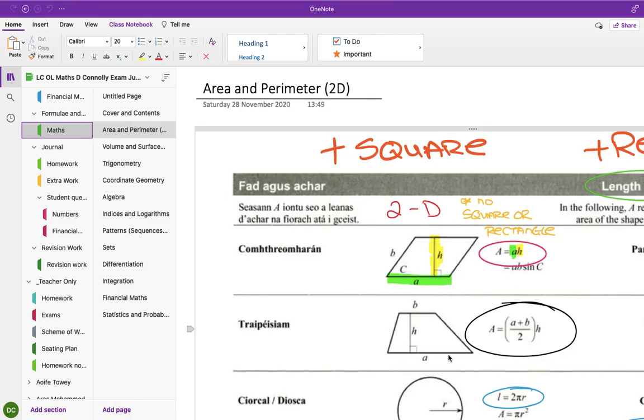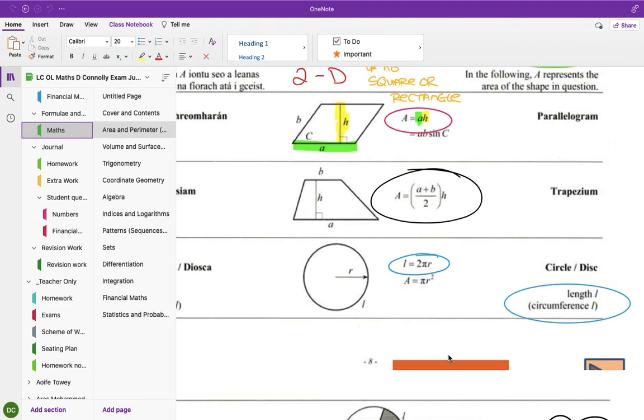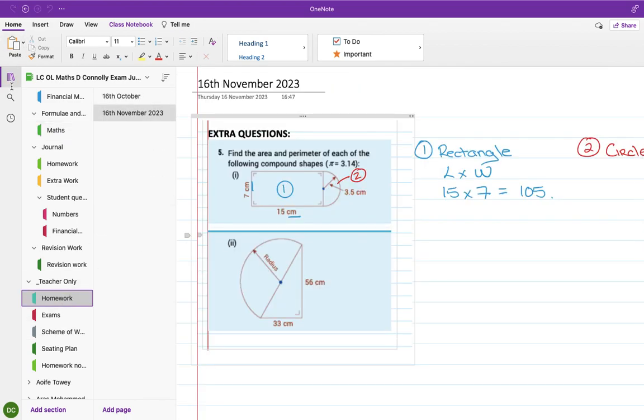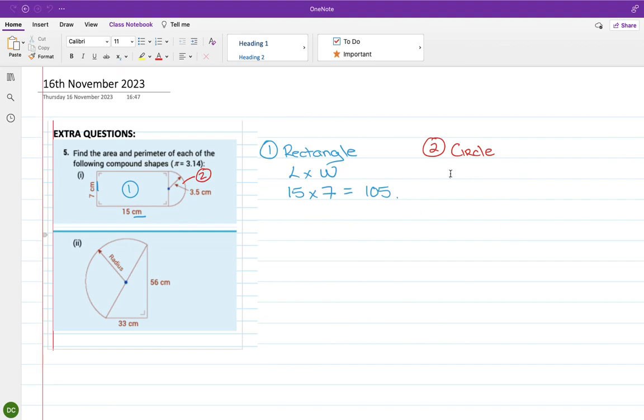There's my circle. So I want the area, which is there. So I go to the formula and tables book and I get my formula, which is there. And then I sub in.